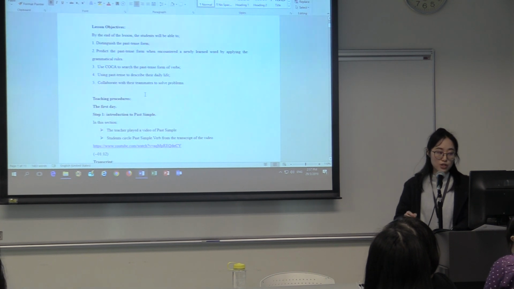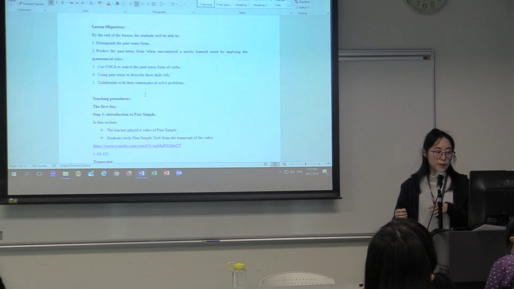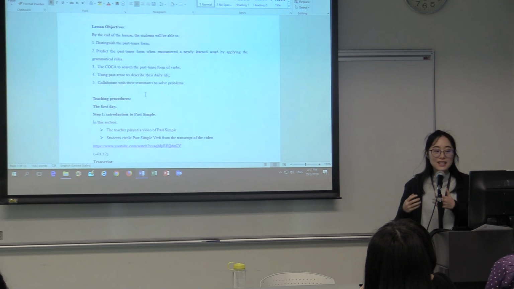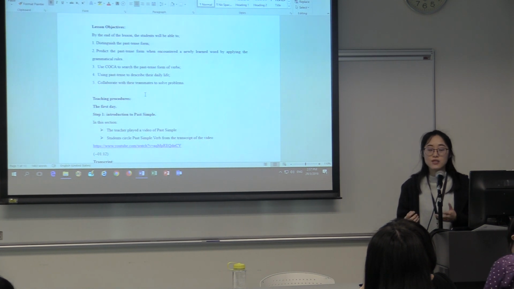Our lesson objectives are as follows. First, distinguish the past simple tense form, and also we focus on whether students can predict the past tense form when they encounter a newly learned word by applying grammatical rules. So we also talk about some rules.